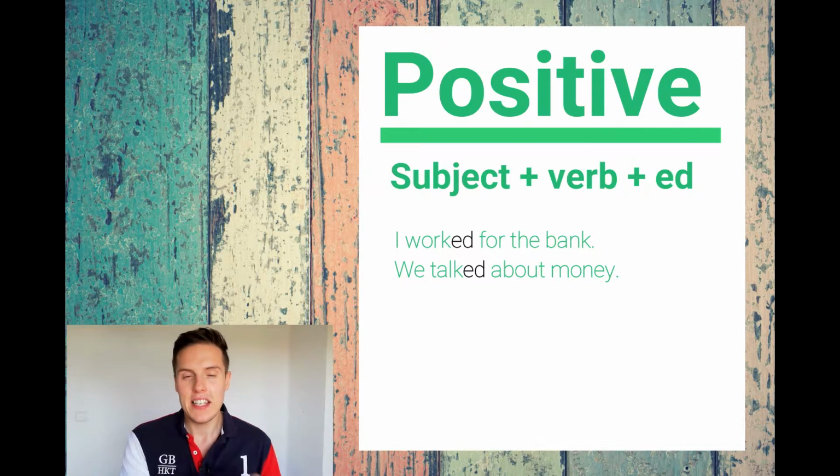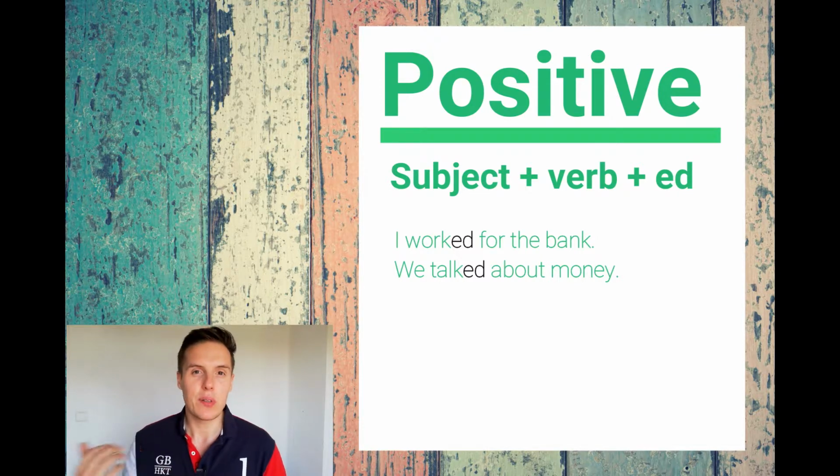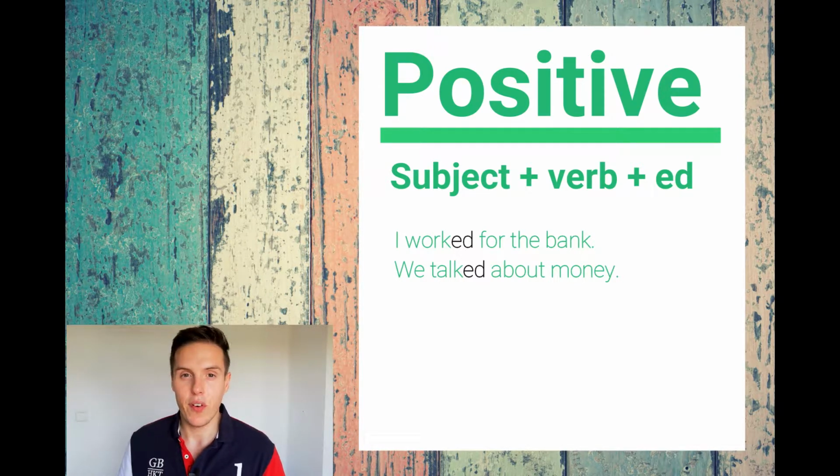So we add ed to the verb. For example, I worked for the bank. We talked about money. So as you can see on the screen, I've highlighted the ed part to make it really nice and easy for you to understand about the positive form.